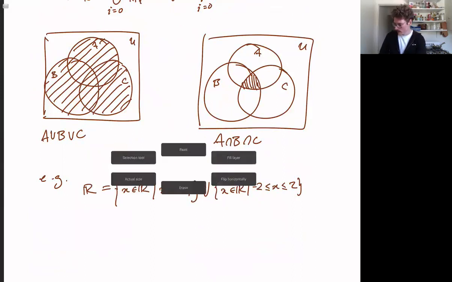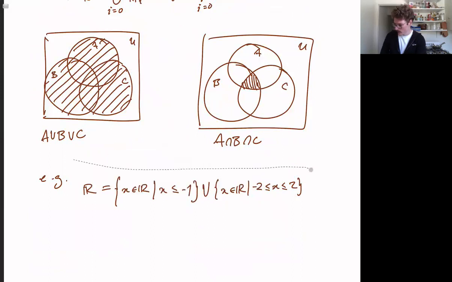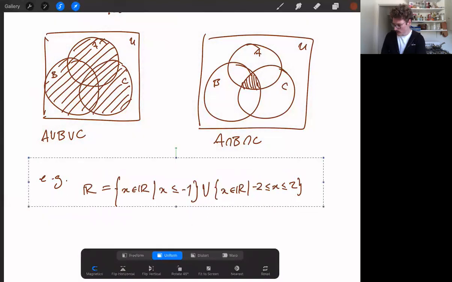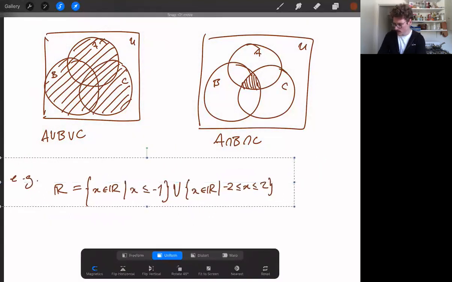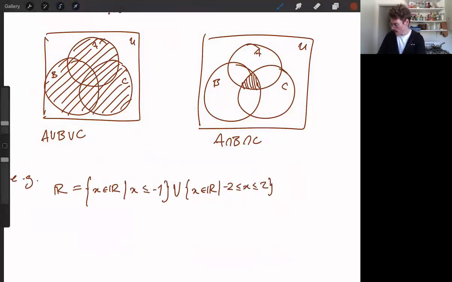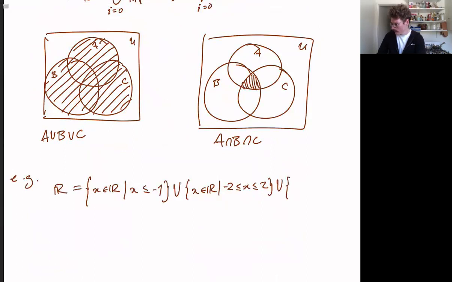And I think I want to move this over so I have space right there. Union real numbers such that they are at least 1. So let's draw a picture of this.